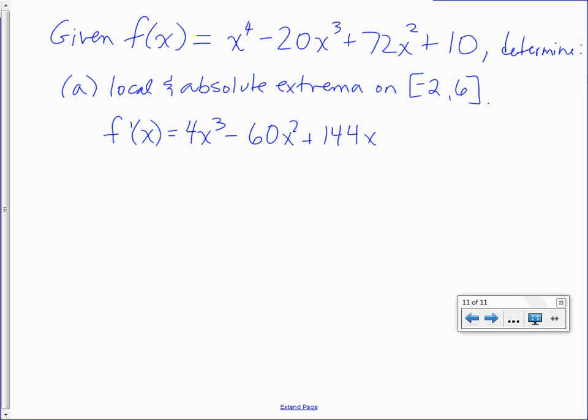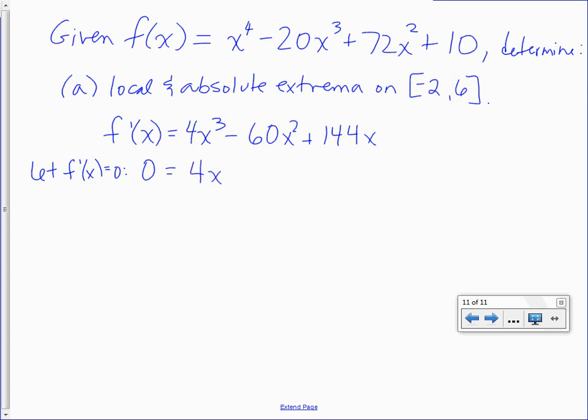How do I use the derivative to help find extrema? Let f prime of x be 0. So I'm letting f prime of x be 0. What do you notice you can do for the right side here? You can take out 4x. Yes, take out 4x.